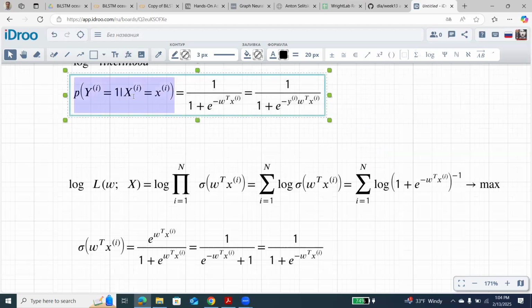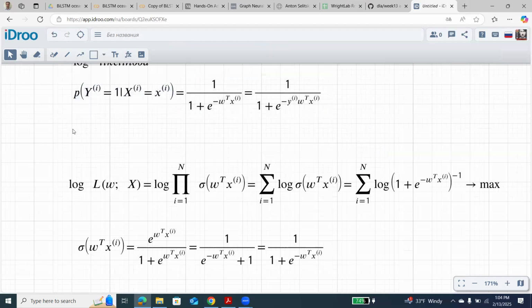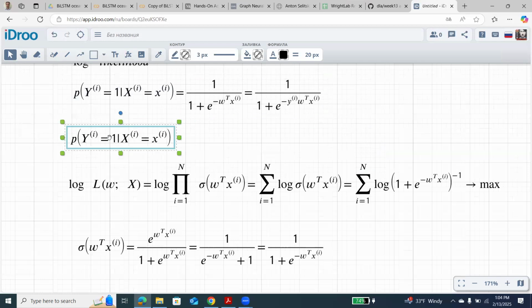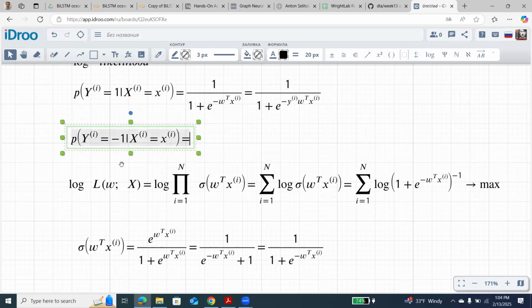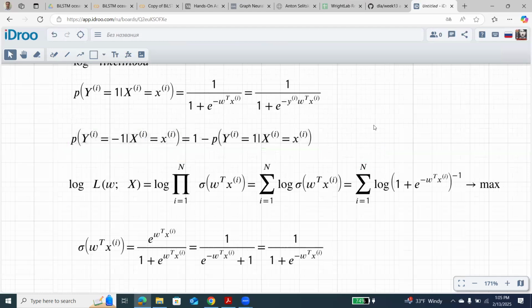So the probability, and this is problem 1, to calculate the probability when y equals negative 1. And it will be just 1 minus probability of the positive class.